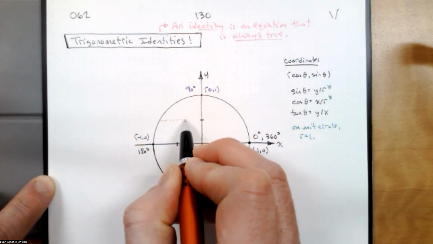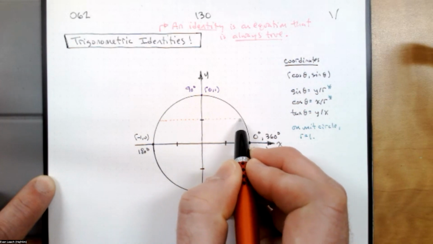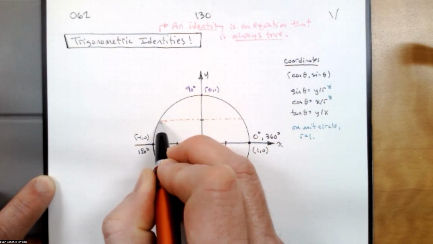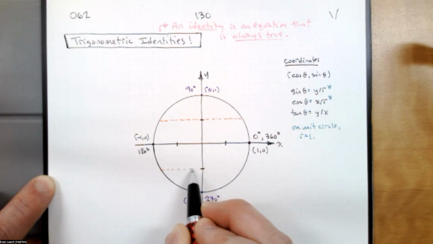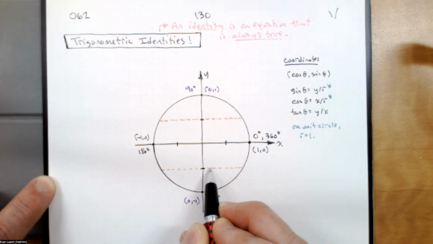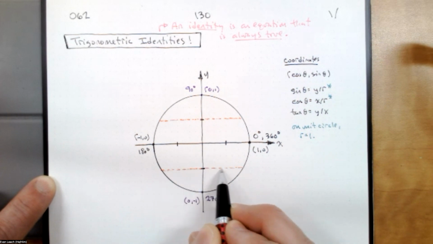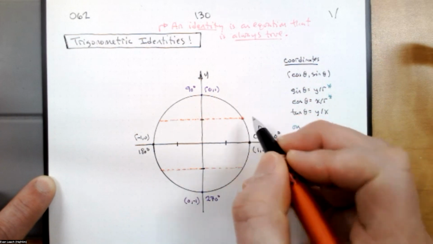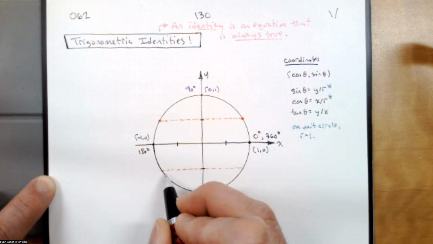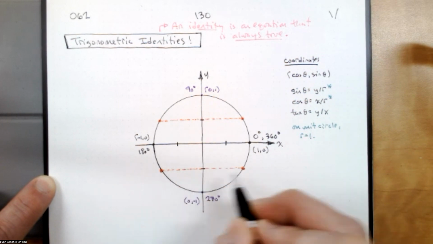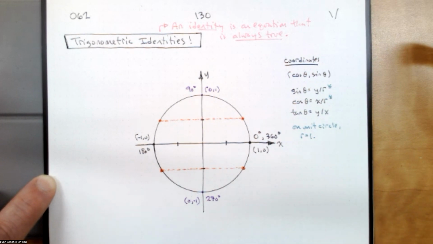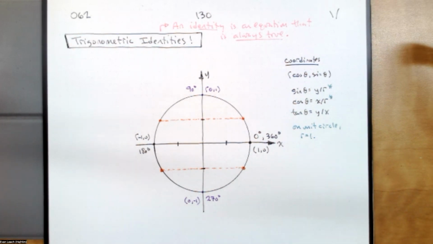When you go horizontal and find where y is equal to a half, that will show you your 30 degree reference angles. Now I'll show the points on the unit circle that correspond to a 30 degree reference angle. y equals plus and minus 1/2 corresponds to 30-degree reference angles in all four quadrants.